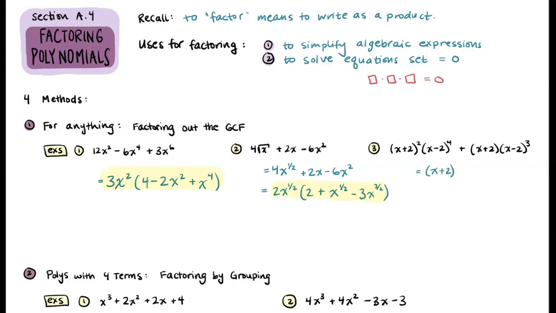Then we have a similar same-base situation with the x minus 2. So let's see here, we've got x minus 2 to the fourth and x minus 2 to the third. So we can take out an x minus 2 to the third.